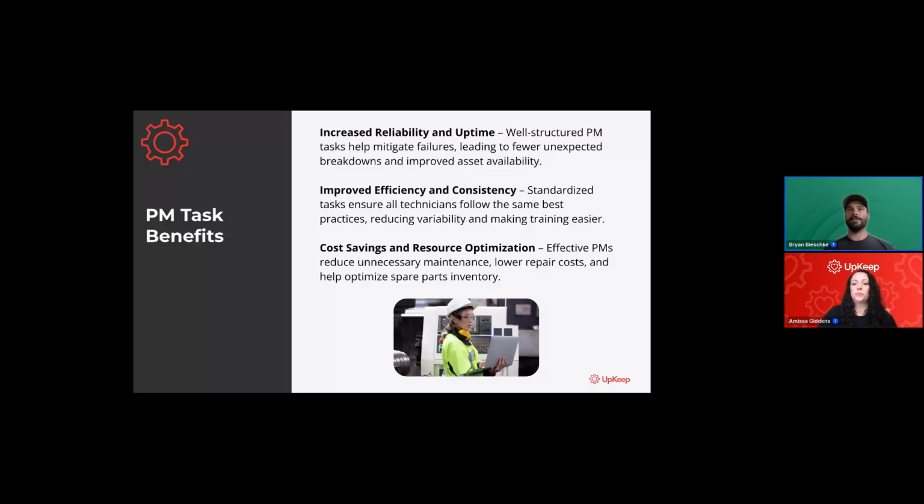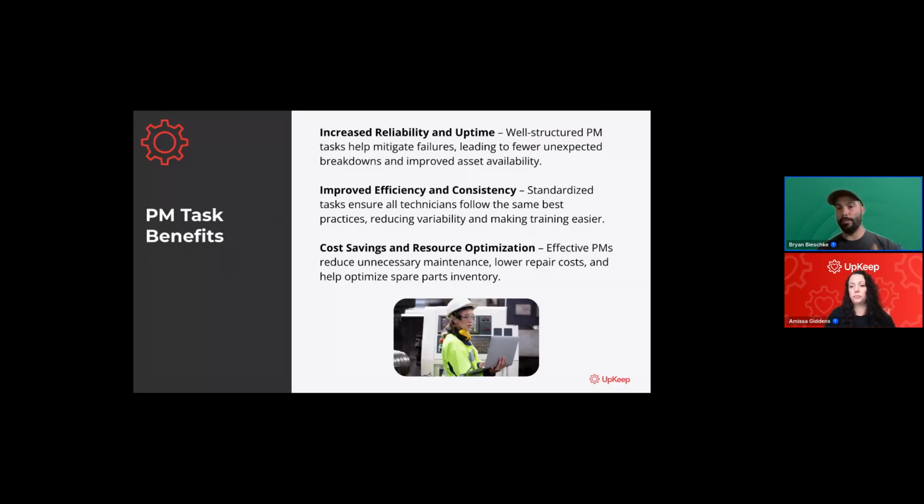Improved efficiency and consistency. That goes back to what we said before, right? By eliminating variables, inherently we're creating better availability of not just our maintenance tasks, but our machines. Variability is the enemy of a maintenance department. Cost-saving resource. So cost savings is pretty much a guarantee. If you're doing all the right things, you're going to lower your wasted resources.